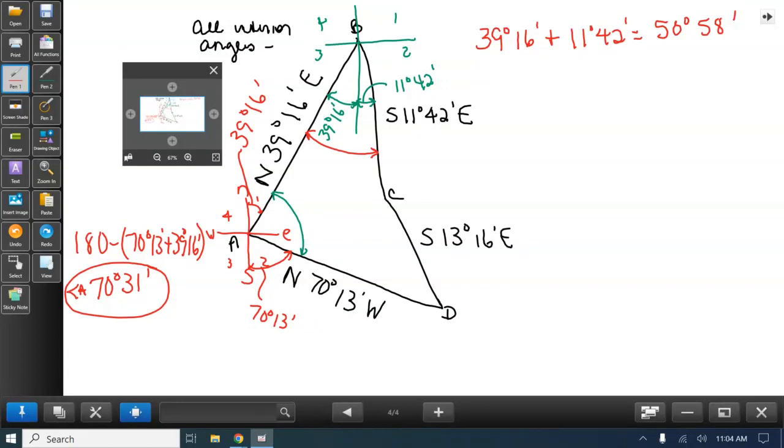If you have some in opposite quadrants, like 1 and 2 or 3 and 4, that's when you add them together and subtract from 180. If they're both in the same quadrant, you just subtract the smaller from the bigger. Kind of like what we're going to do in D. I'm doing D next.